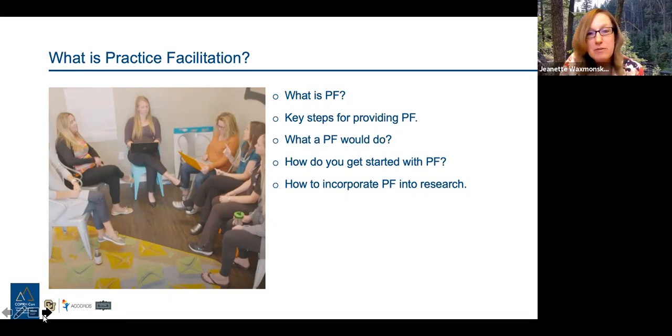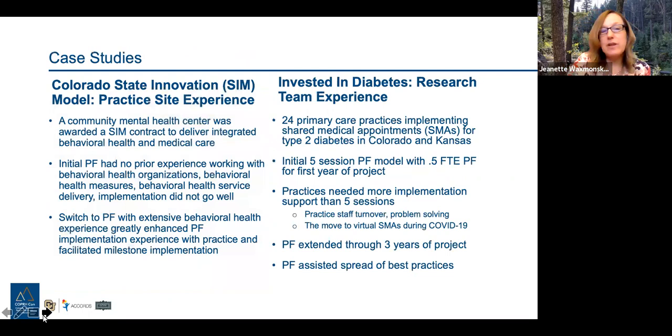Next slide, I'm going to give you some case examples. So these are two examples of how practice facilitation changed over time. And the first one is from the Colorado State Innovations Model, and this is a practice site experience. And I bring this up because it's really a case of making sure you have the right fit for your practice facilitator.